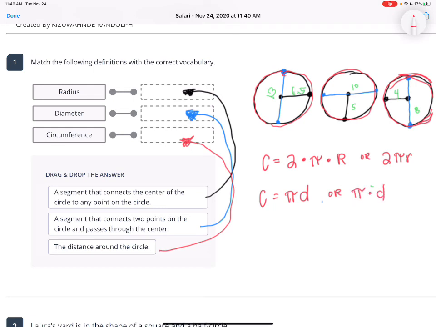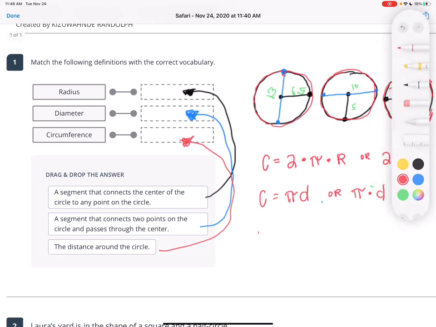And remember that multiplication is commutative, so the order does not matter. It doesn't matter if I put diameter times pi, pi times diameter, radius times 2 times pi. It doesn't matter as long as you're multiplying all of those three numbers and you're selecting the correct number to multiply from, okay?